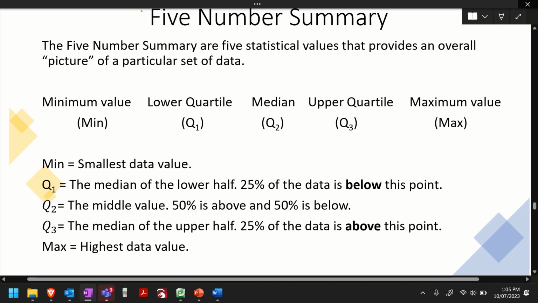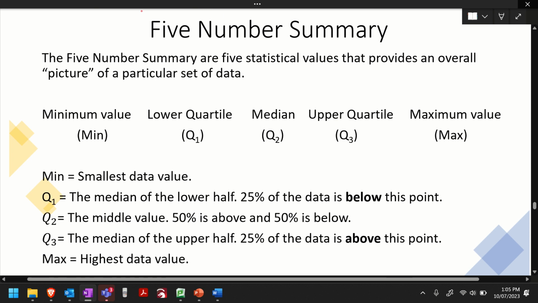Has anyone done any of this before? Yes or no? The basic way to understand the 5-number summary, as Estevan mentioned, is you're just shortening the number of numbers to 5 important numbers, and those 5 numbers will basically represent the data. The way that I like to think about it is cutting things in half.